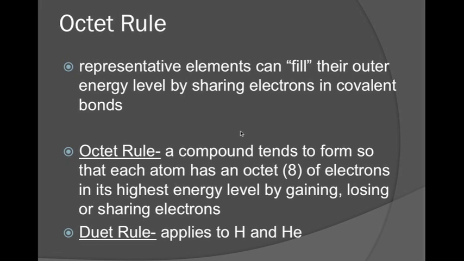When we're looking at Lewis structures, remember to always check that those covalent compounds have 8 valence electrons, because 8 is the magic number. For exceptions, the duet rule applies to hydrogen, helium, and those guys, which only need 2. But everything else needs 8 to be happy.